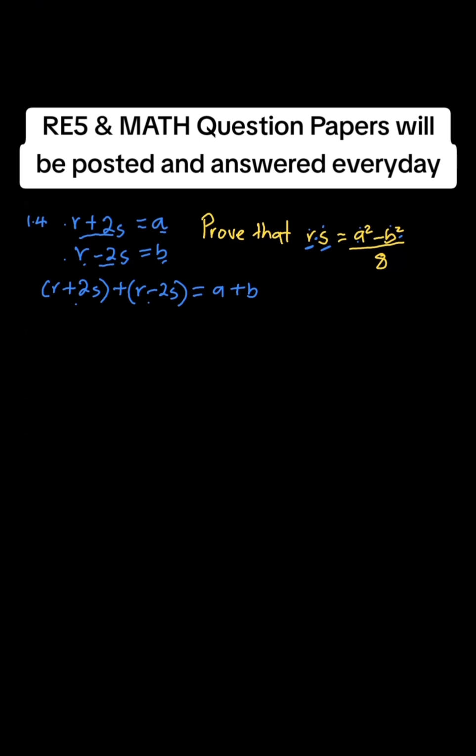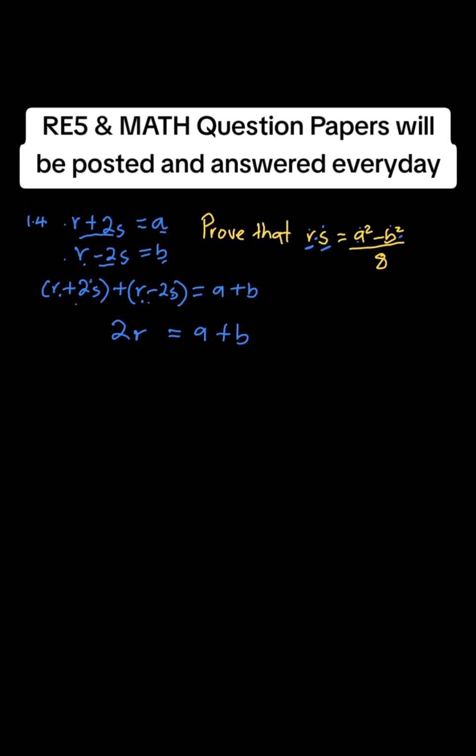This simplifies to 2R, because this R adds up with this R. So we have 2R is equal to A plus B, because these ones cancel. 2S minus 2S is 0, so it gives you a 0.